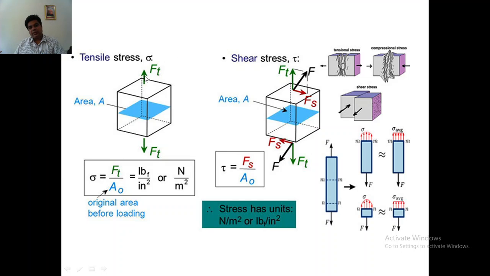Similarly, instead of applying tensile load, I can apply compressive load. You can see here, this is a cube, a material, and I am applying compressive load. And in this diagram, the load applied is tensile load. When you apply tensile load over this area, if you divide this load by area, you will get tensile stress.